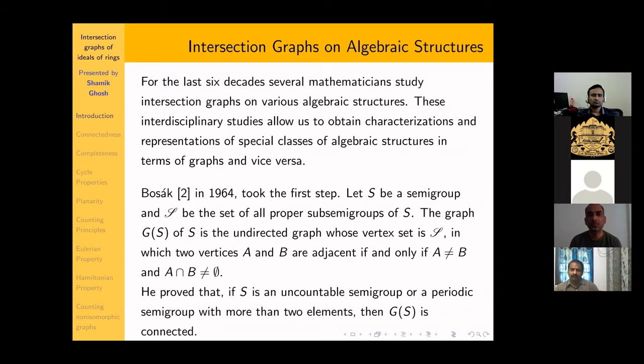They tried to get graphs from algebraic structures: semigroups, groups, rings, and many other algebraic structures. The graphs formed from posets are very well known. In fact, you can easily correlate a directed graph with a poset as a binary relation.